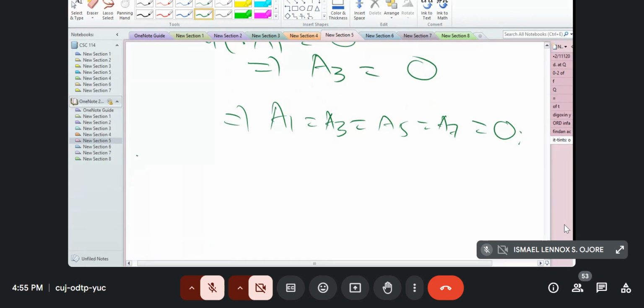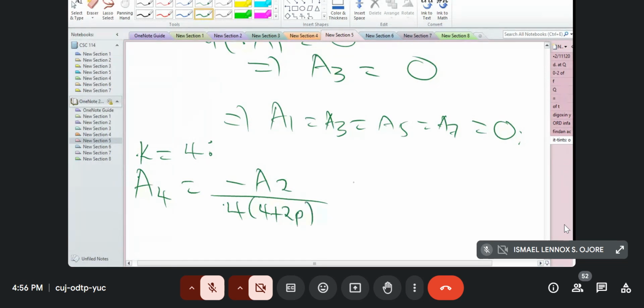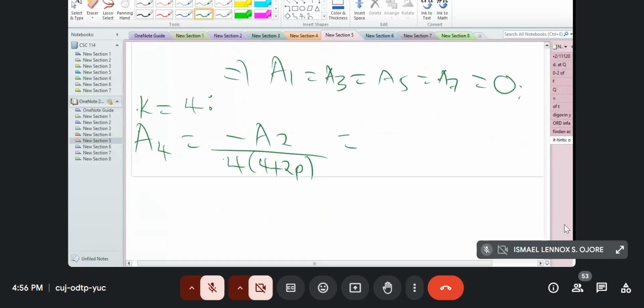Let's obtain an expression for when k is 4 and k is 6, then see if we can determine the pattern. When k is 4, we have A4 equals minus A2 divided by 4 into 4 plus 2p. But we had obtained the result for A2, which we just derived: minus A naught.